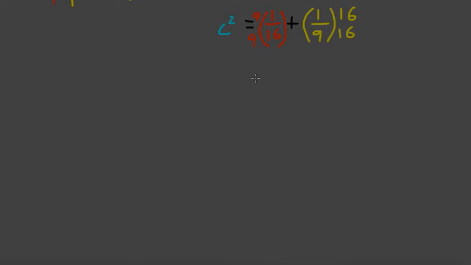And now what we have is 9 over 144 plus 16 over 144, and all this equals c squared, okay?